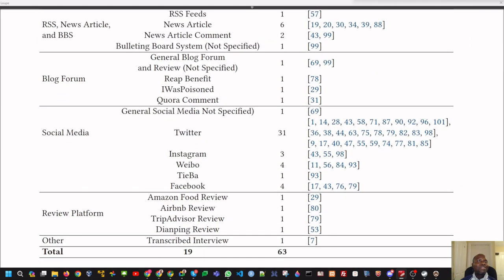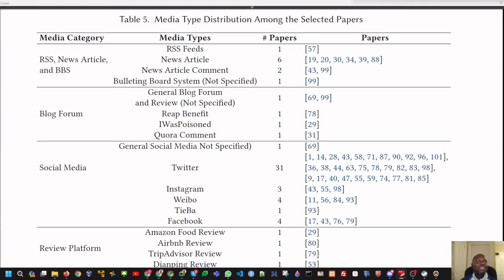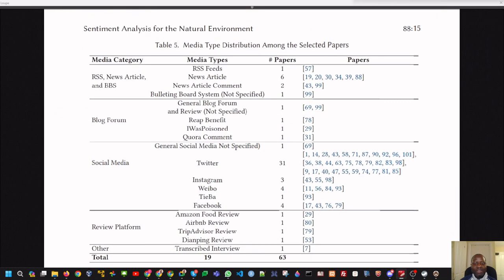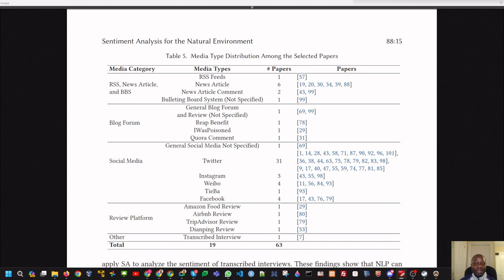So this table is the media type distribution among selected papers. Things like blogs and all that stuff, and the number of papers, of course. You can see that in the previous page. They looked at their dimensions.